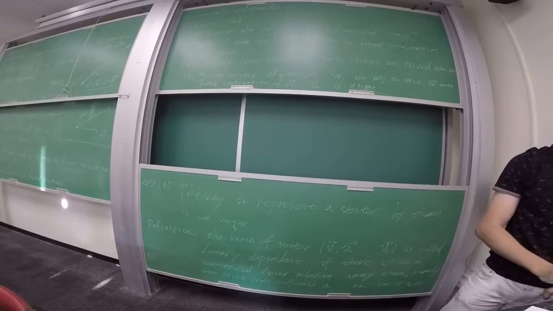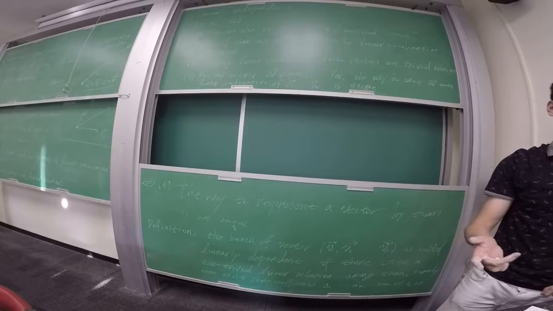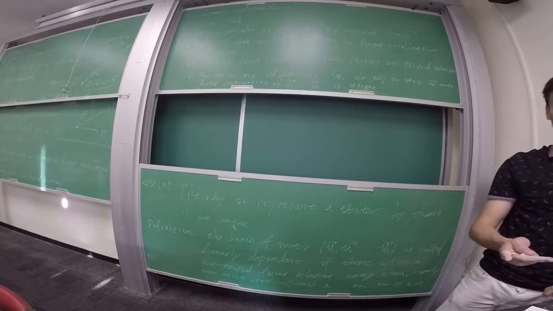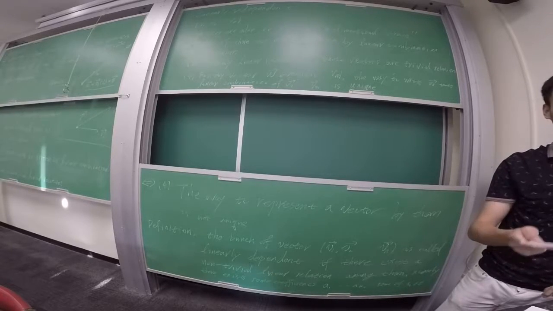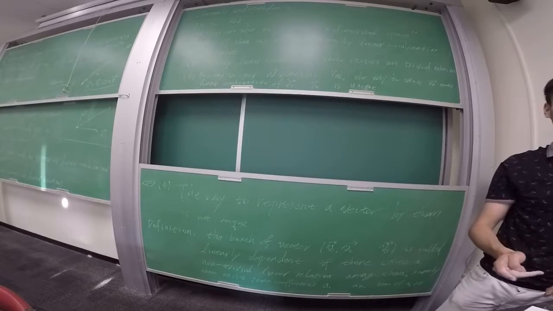So basically speaking, if you have maybe two vectors, the linear independence of these two vectors tells you that these two vectors are able to give you a plane. It's able to give you every point on the plane by linear combination.